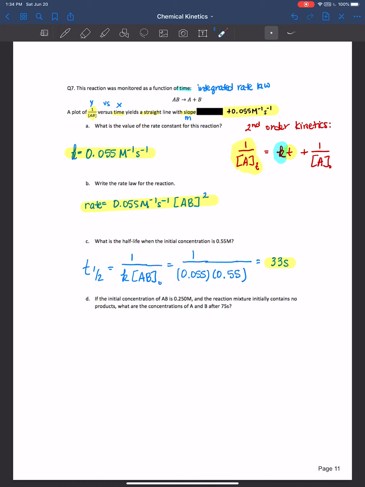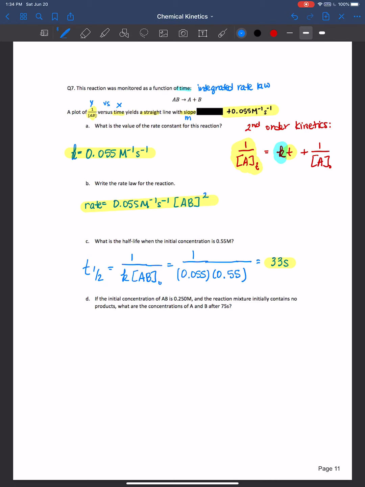All right, so let's work the last question here together. It's asking us, pretend we're running the same reaction, but we're changing some conditions. Now the initial concentration is 0.25 molar, and the reaction mixture initially contains no products. What are the concentrations of A and B after 25 seconds?